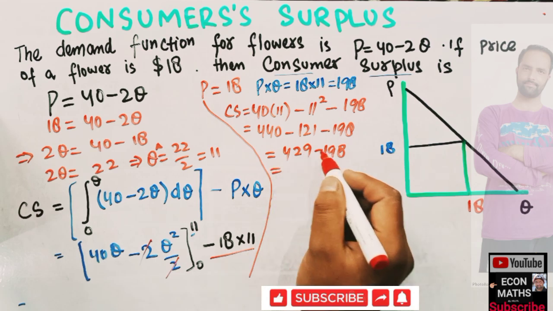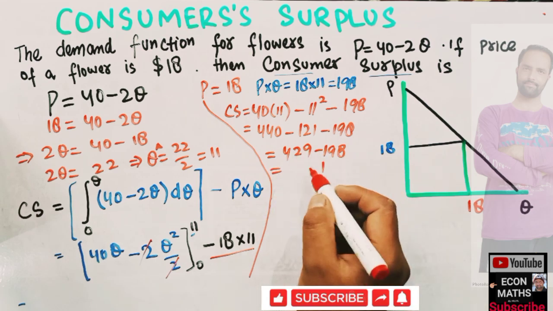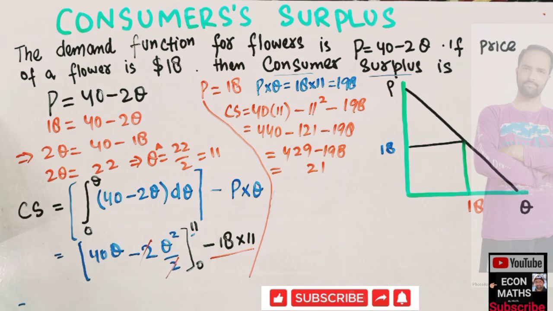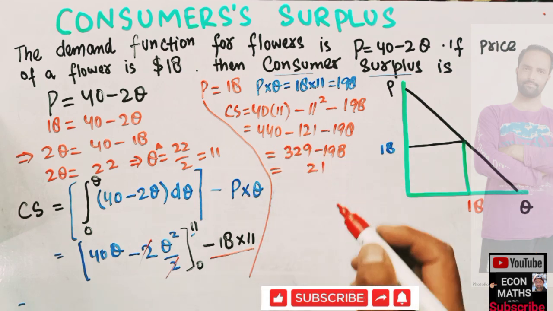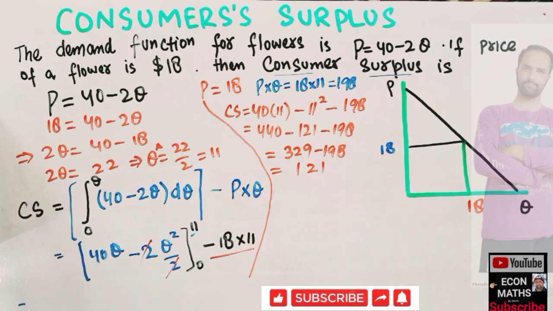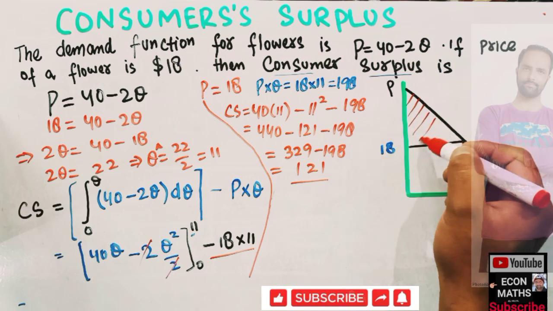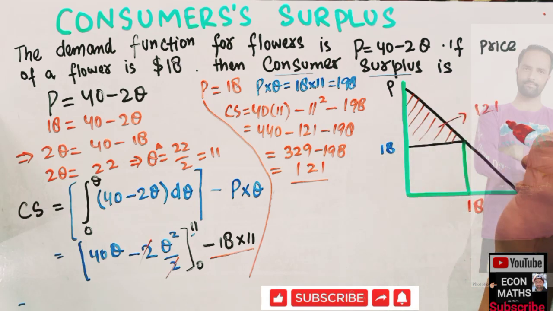So we get 121. So the consumer surplus is 121. That means the area of this triangle came out to be 121, which is our consumer surplus.